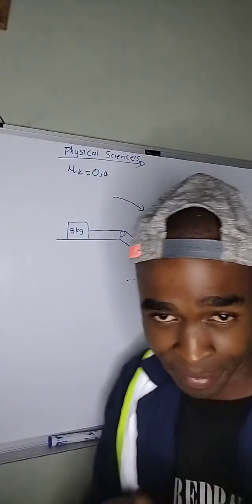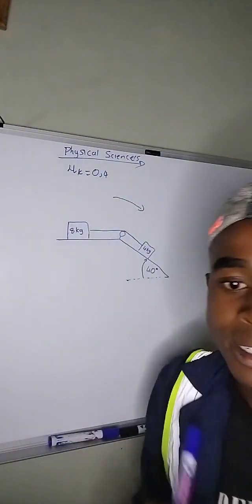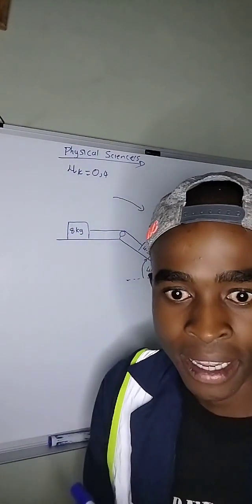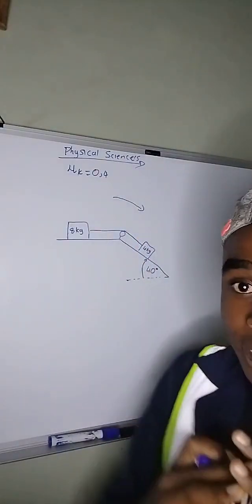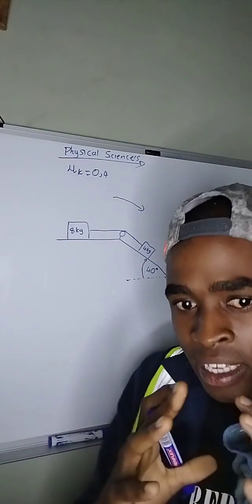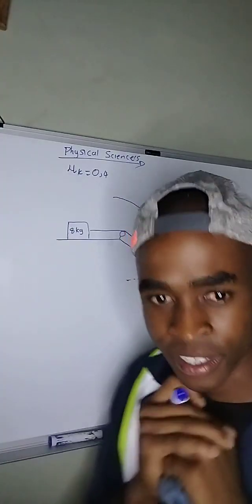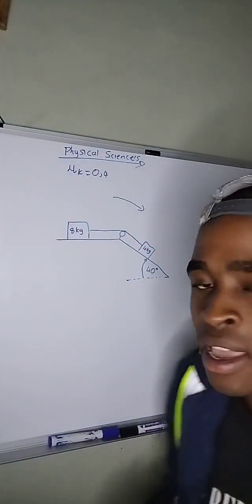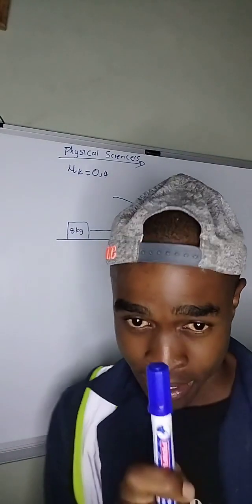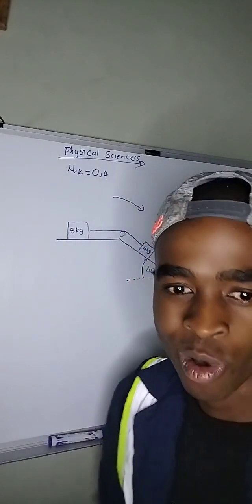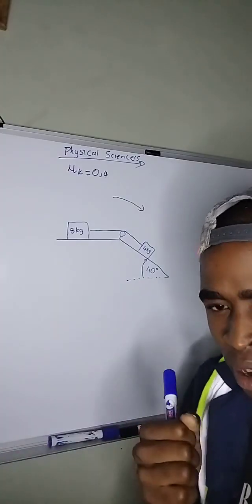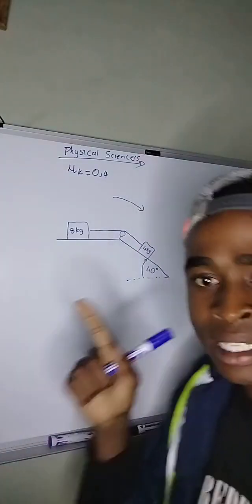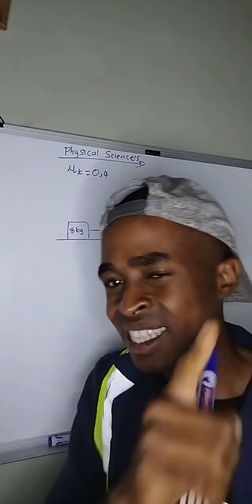Hey guys, let's clarify this matter. I feel like it is very important for us to join this live. Force applied is the one that is pull or push, right? Tension is relative to the string.